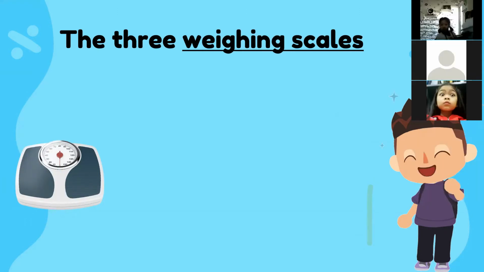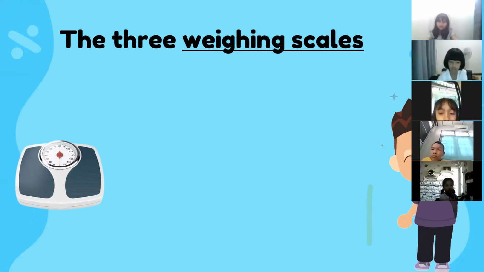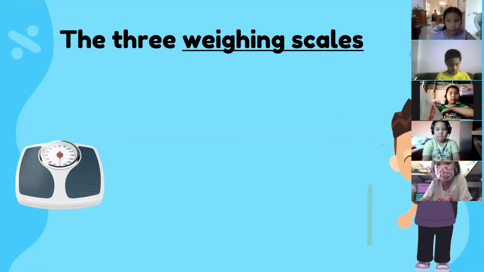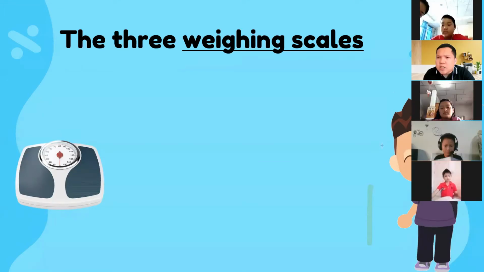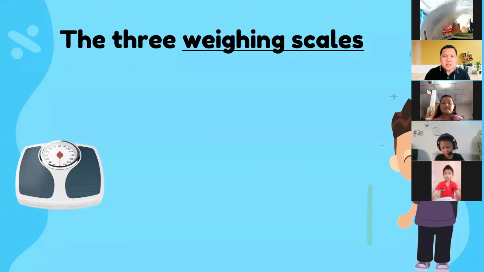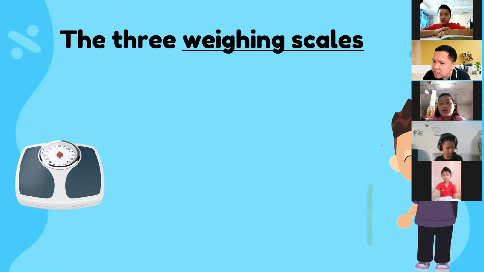Tommy, can you hear me? What are the three weighing scales? Oh, let's have Satang. Bedroom scale. Bathroom scale. What else? Spring scale. And platform scale.